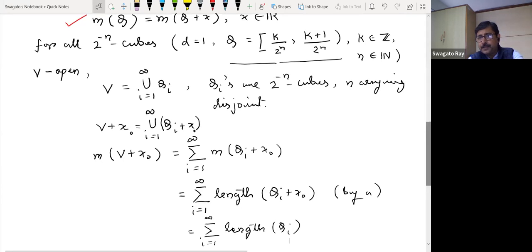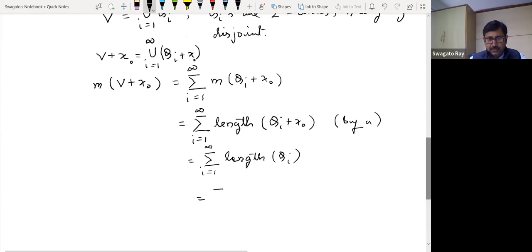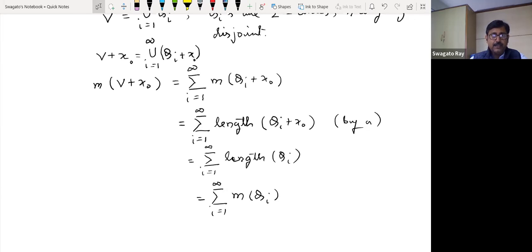Now, again, I can apply A by saying that this length is nothing but the measure. So it's the sum over i from 1 to infinity of the Lebesgue measure of Qi in one dimension. Same thing happens in higher dimension. And then you write it as the measure of, because these are disjoint, the union over i from 1 to infinity of Qi. But that is nothing but the measure of V. So this proves C for open sets.